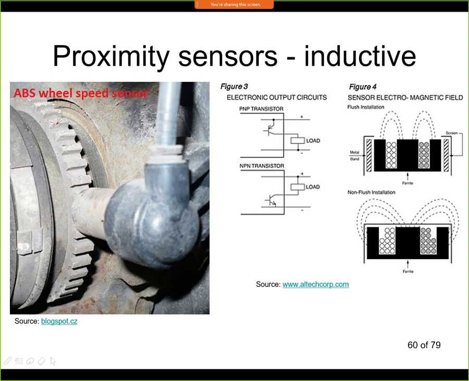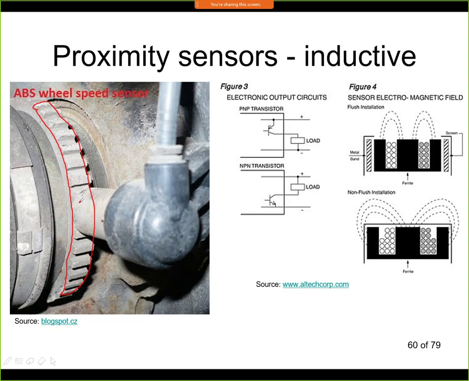So typically on a wheel there is this object, this gear wheel, and we can see that those teeth and those gaps, they will create the object that we are actually detecting. So a proximity sensor can be used as a position sensor, but in this case it can also be used as a speed sensor.